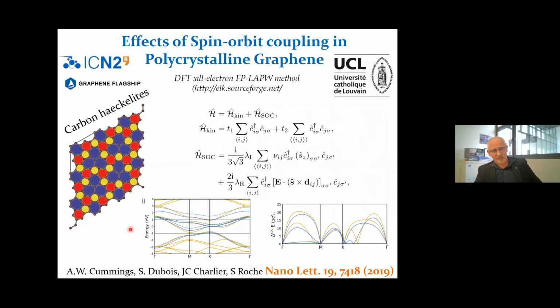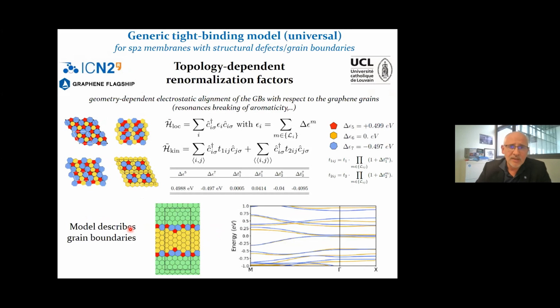So we developed some simulations with collaborators at UCL in Belgium. Modeling grain boundaries in polycrystalline graphene is quite complicated, but we eventually found a model that is quite universal. So we could compare with structural defects and DFT calculations and our model.